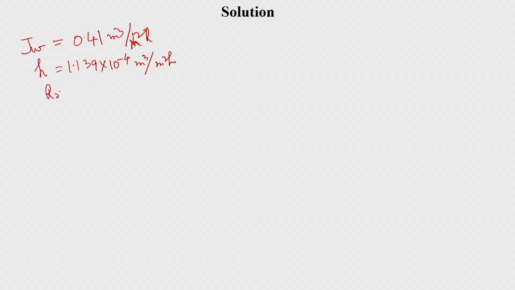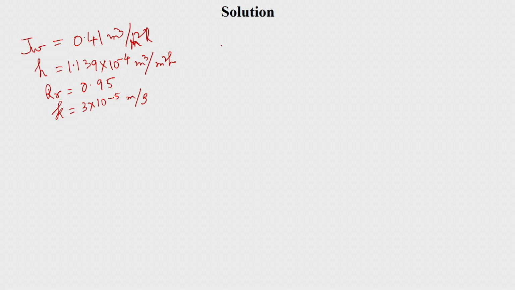Then R is given as 0.95 and mass transfer coefficient is given as 3 into 10 to the power minus 5 meter per second. Okay.